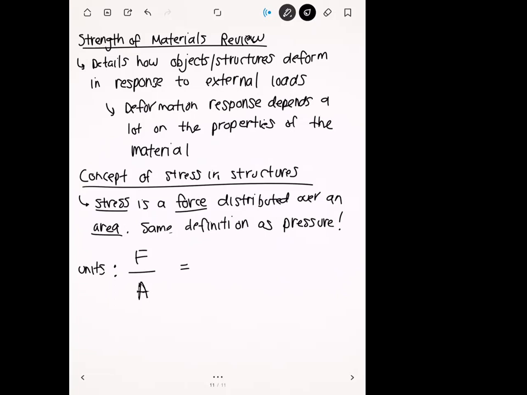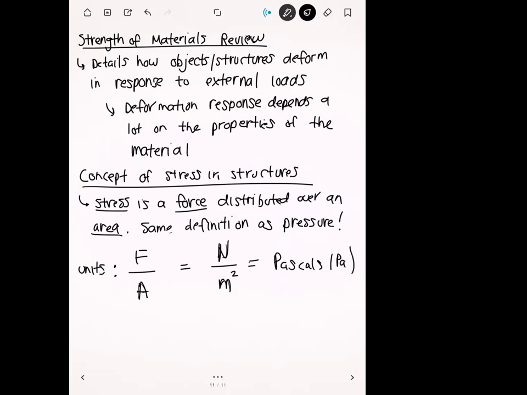The SI units for stress are often newtons per meter squared, which has a special name. It was named after the person who found out you can take force and divide it by area, and so these are named pascals. The symbol for that is Pa.